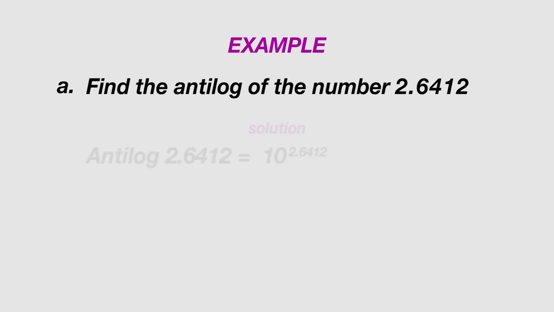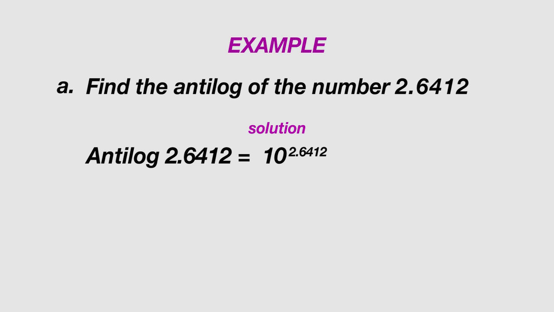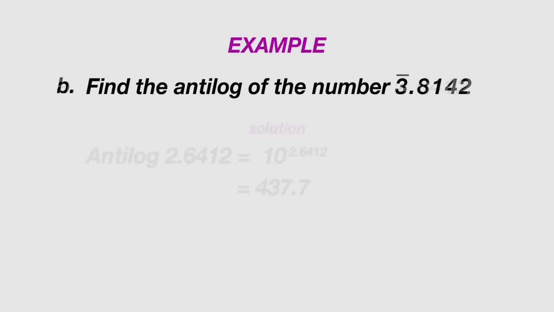We will write this as 10 raised to the power 2.6412 and put that in the calculator. Immediately it gives you your answer, and the answer is 437.7. Isn't that easy?